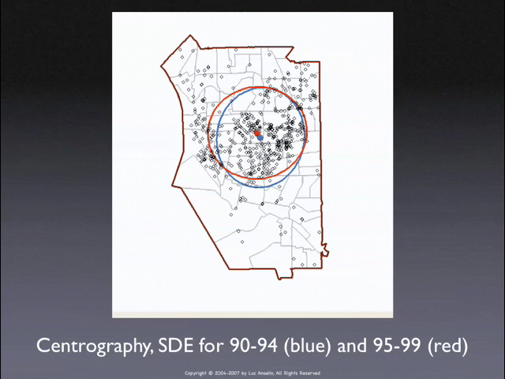And you know, what can you say? Not much. You see that there is some kind of a shift, seems to be in the northwest direction, but slight. And the shapes of the ellipses don't seem to be very different between the 2 periods. So this would suggest that these patterns have not changed very much.